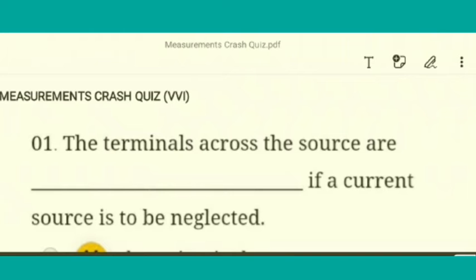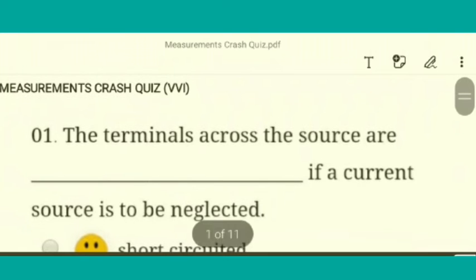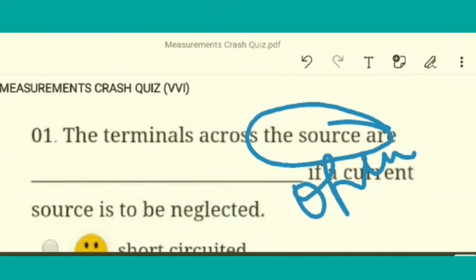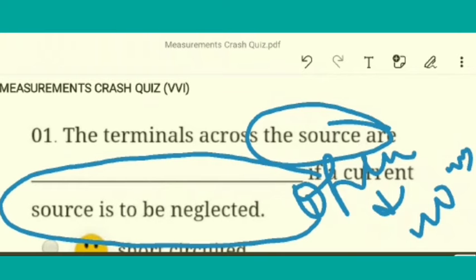Our first question is, the terminals across the source are dash if a current source is to be neglected. We all know that the terminals across the source where the current is neglected is when the circuit is open circuited, because in an open circuit no current flows through it, so there the source is to be neglected.